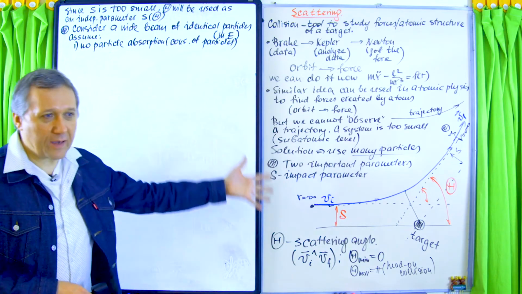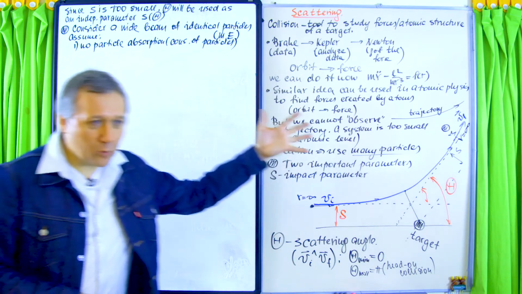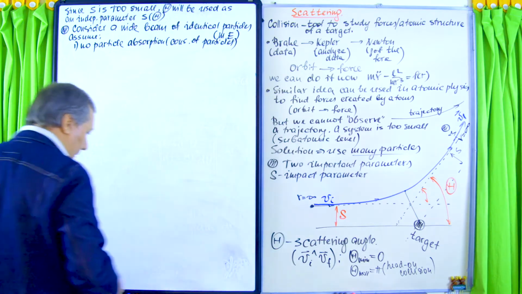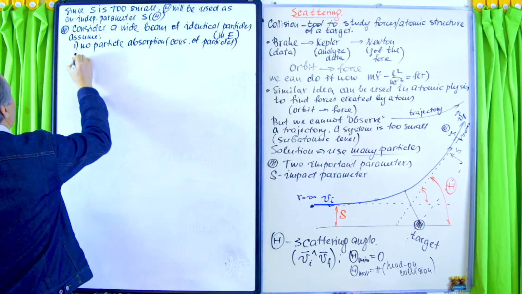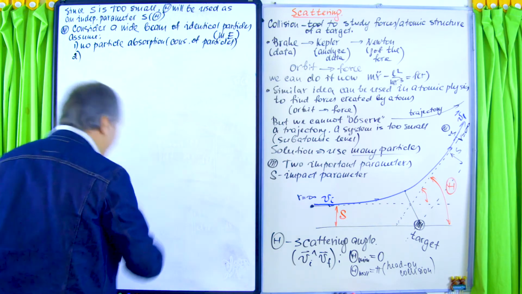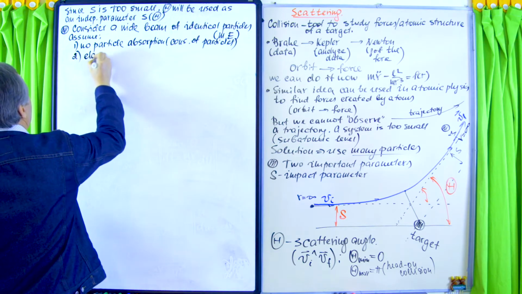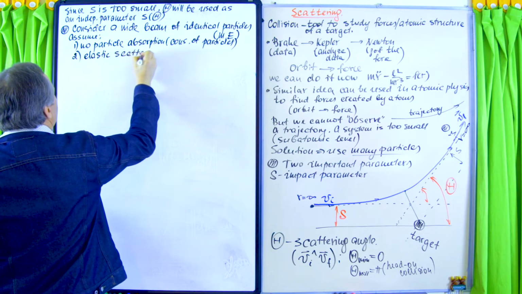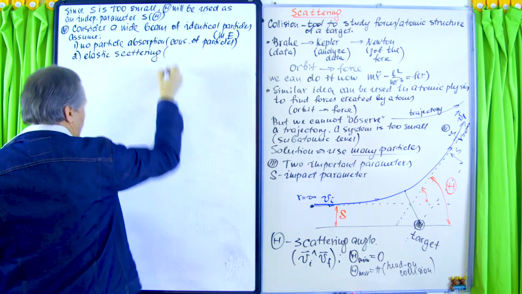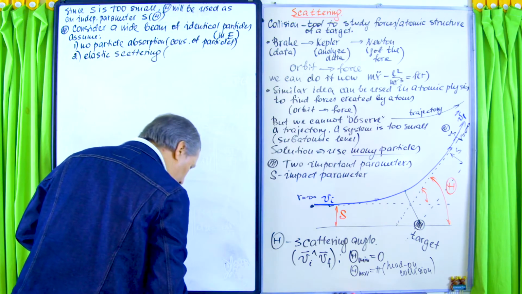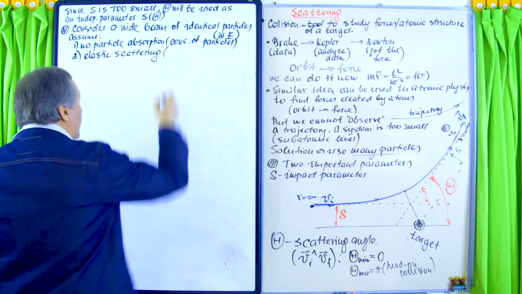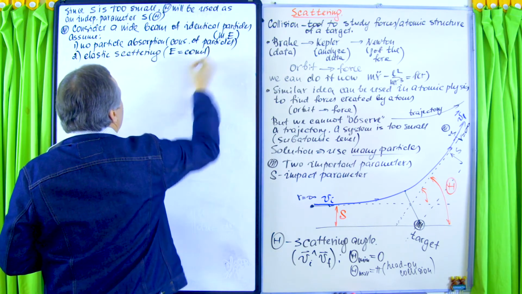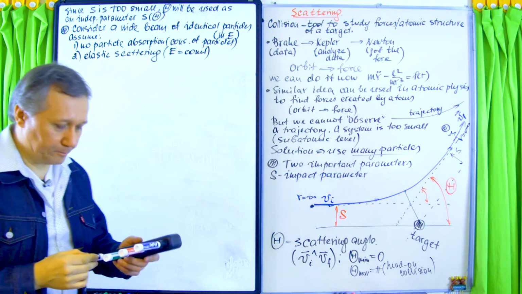Everything happens in a vacuum, so there is only one scattering center. So it's quite a reasonable assumption. So second, we're going to assume that we have what? Elastic scattering. So basically energy stays the same, the way I wrote. So E is constant.